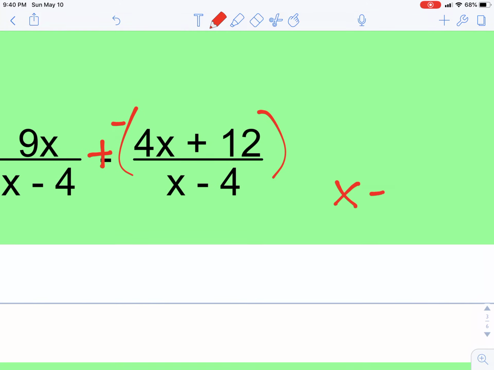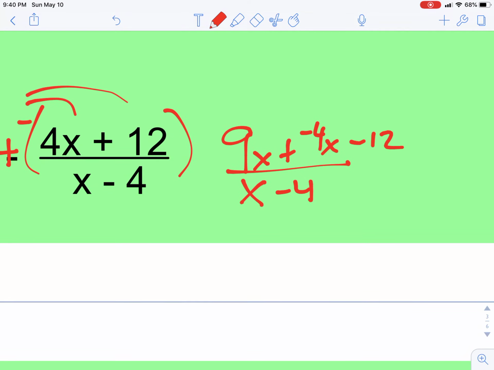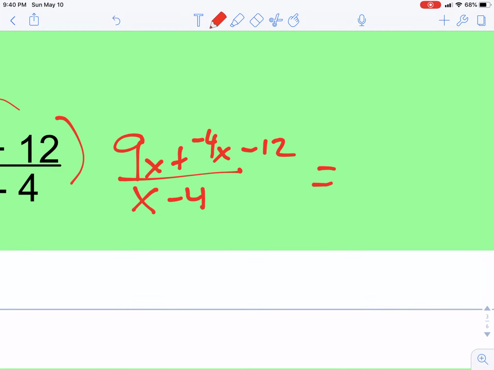So everything's over x minus 4. We have 9x plus negative 4x, and then distribute to that 12, and we get minus 12. And then that's going to reduce down to 5x minus 12 over x minus 4.